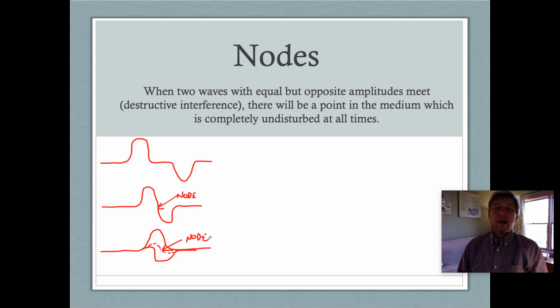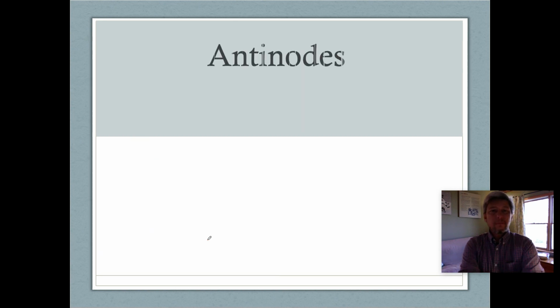All right, tough to see and I know these drawings are awful. It's tough to see there, but it does exist. And if you've got a slinky at home, you can actually do this. Get yourself a partner and create a standing wave, and you can actually see a point on the wave that doesn't move at all. Now, the opposite of a node is an antinode.